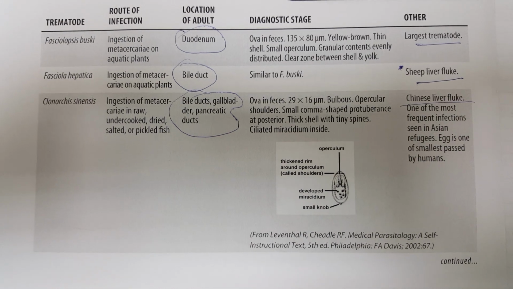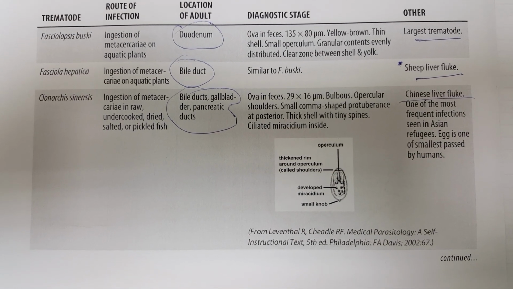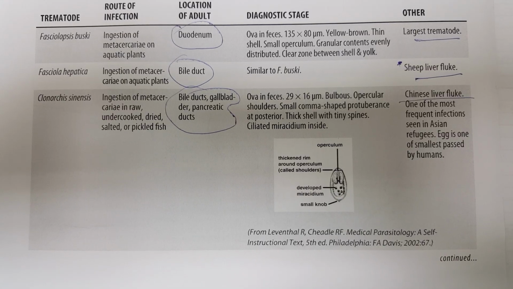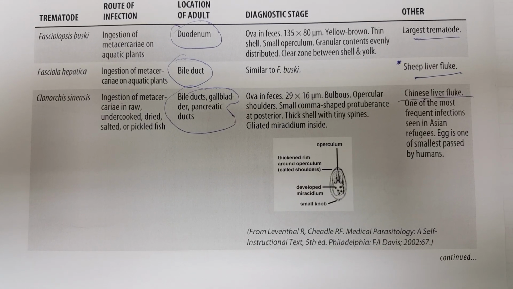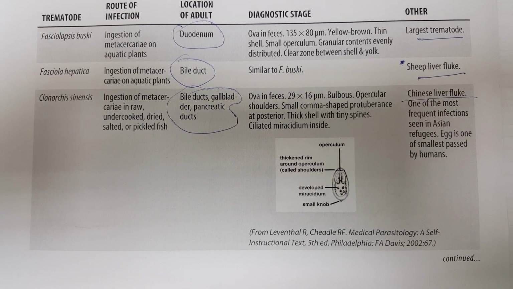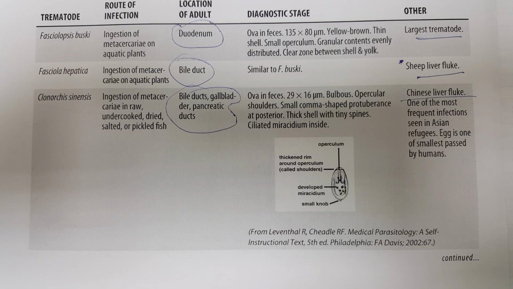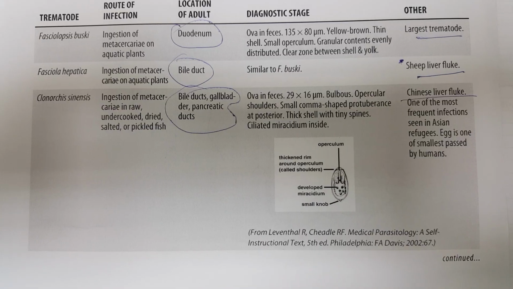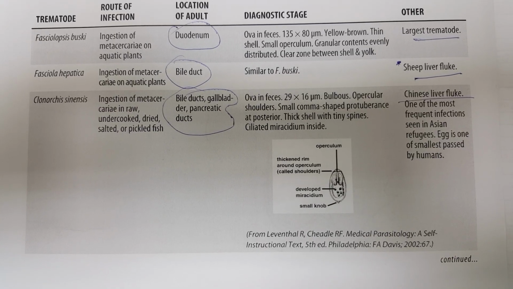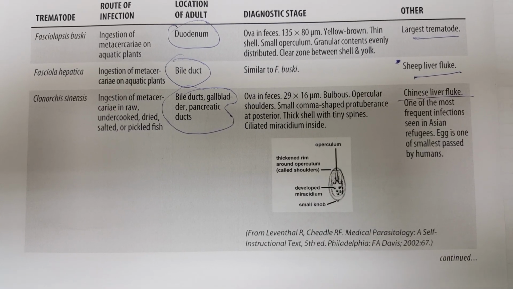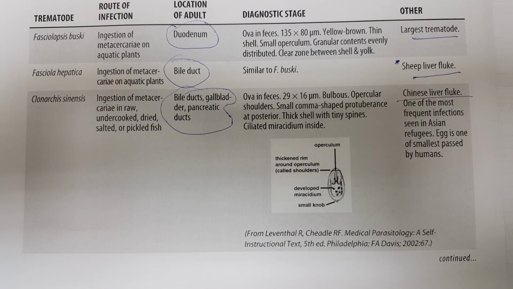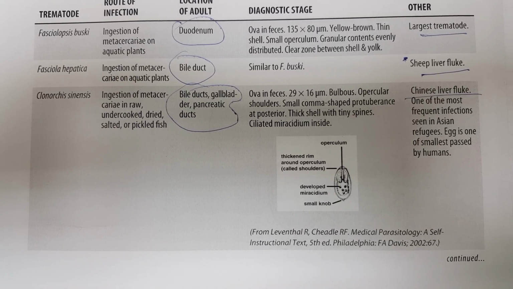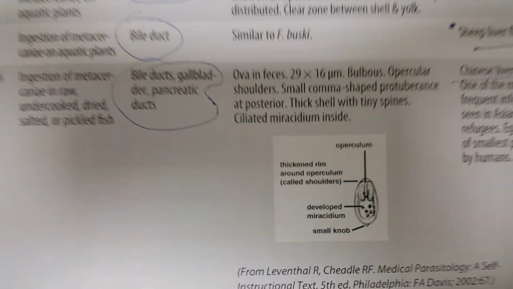The ova in the feces are small, with a prominent shoulder at the upper collar, a small comma-shaped protuberance at the posterior end, and a thick shell with a tiny spine, containing a ciliated miracidium inside. It is the Chinese liver fluke, one of the most frequent infections seen in Asian refugees. The egg is one of the smallest passed by humans, which you can see here.